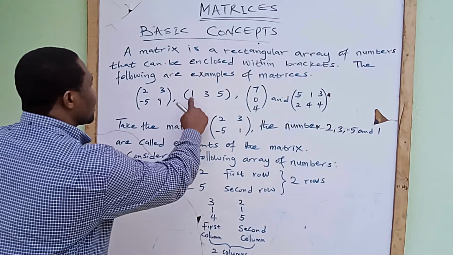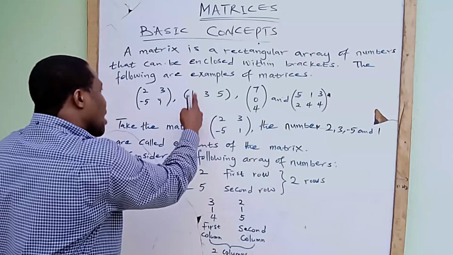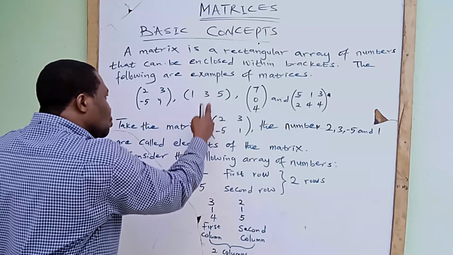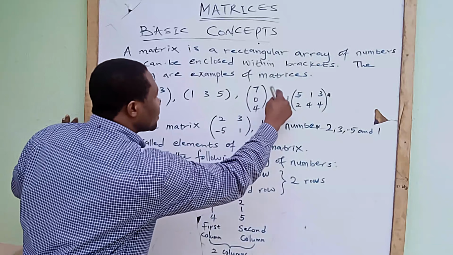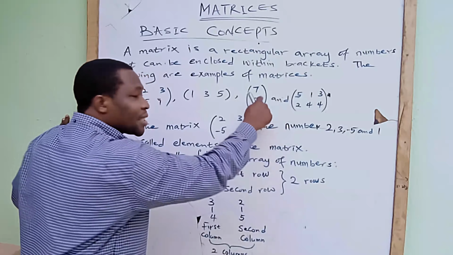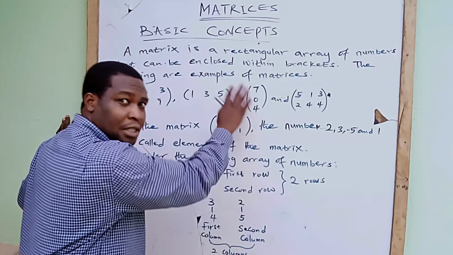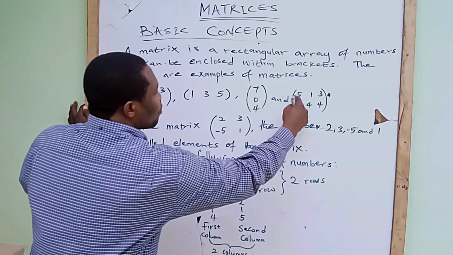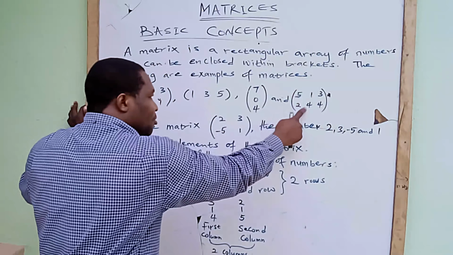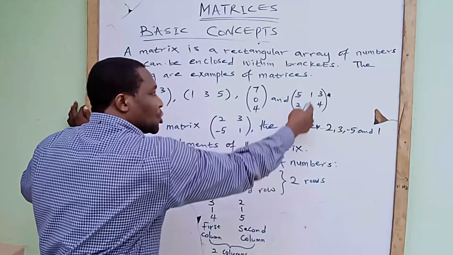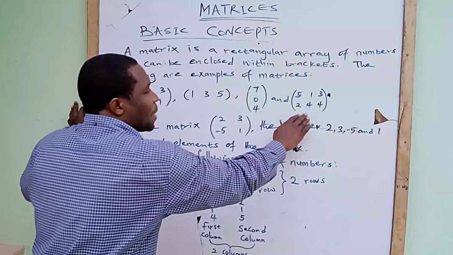Look at this. We have only 1 row in this matrix, while we have 1, 2, 3 columns. Look at this one. There are 3 rows here, but 1 column. Let's look at this one. There are 2 rows in this matrix, while there are 1, 2, 3 columns.